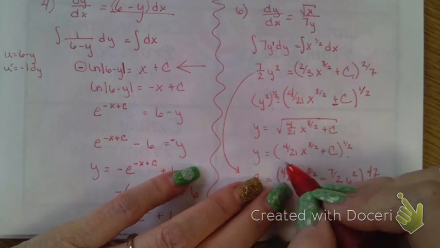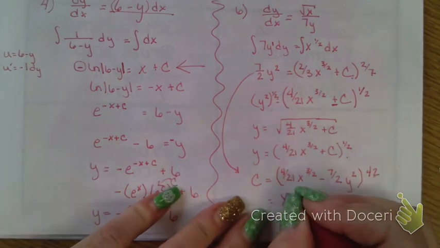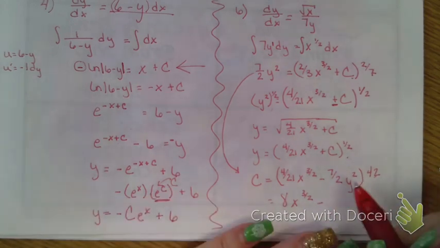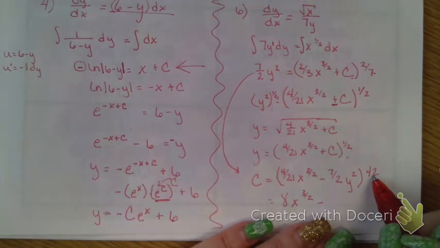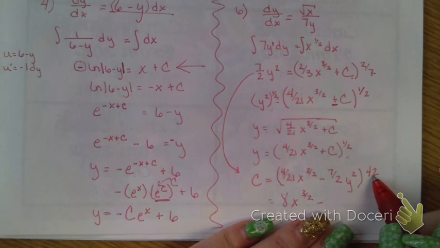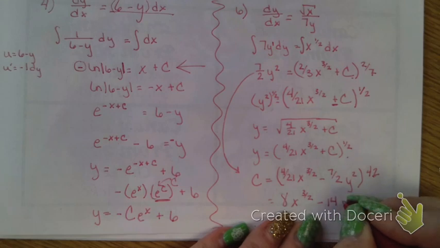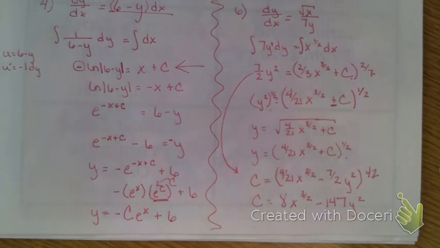So 2 times 4 is 8 x to the 3/2 minus, 2 goes into 42 21 times. So 7 times 21 is 147. Look at that. That was exciting, wasn't it?